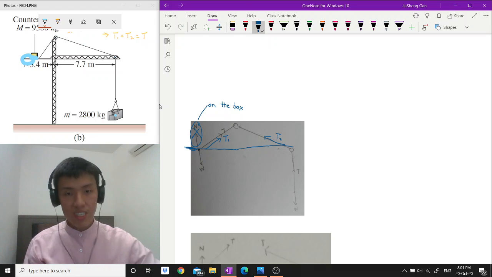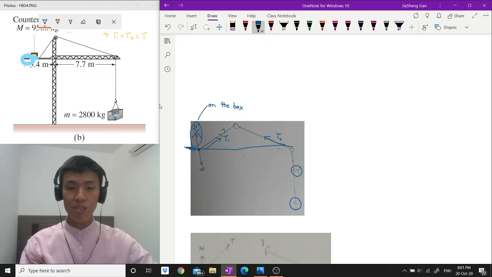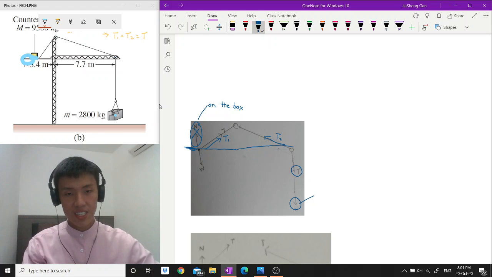This one, yes, this is the problem. A lot of you labeled the tension and labeled the weight, both of them. You cannot label both of them. This is the weight of the iron box. This is the tension exerted on the bar by the box.